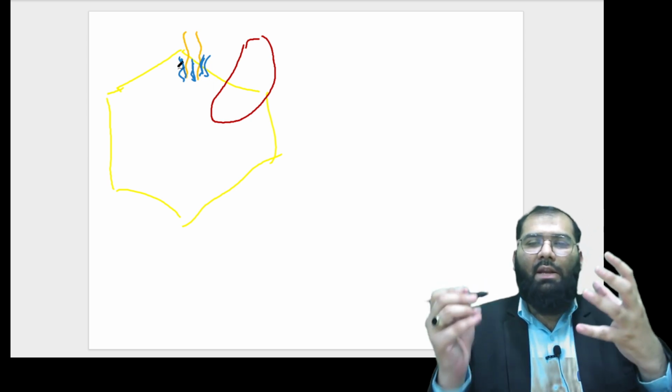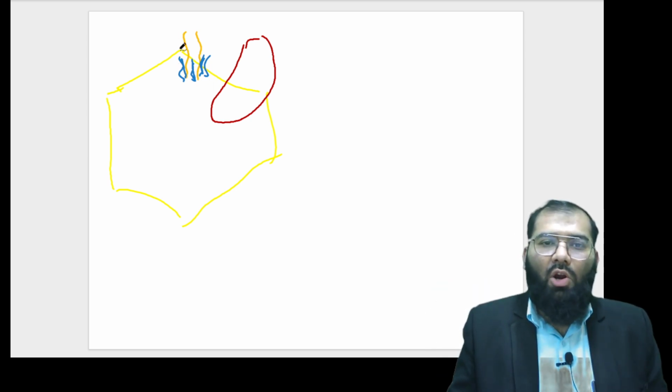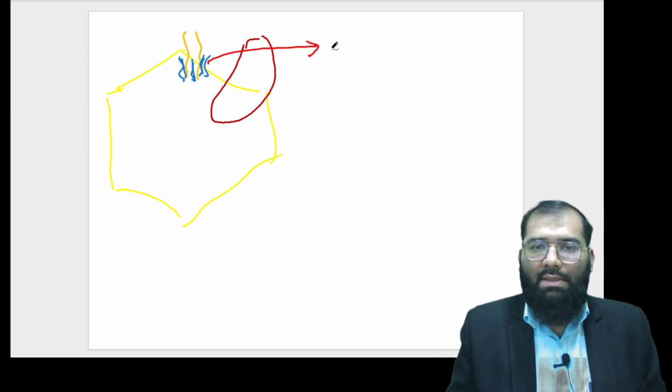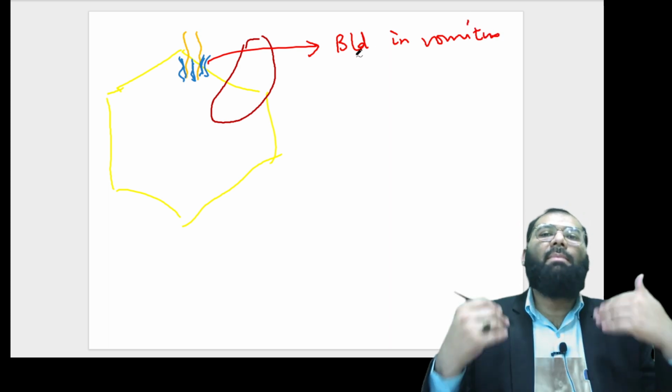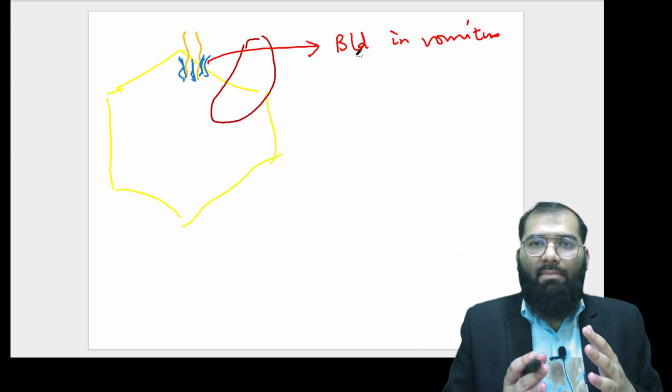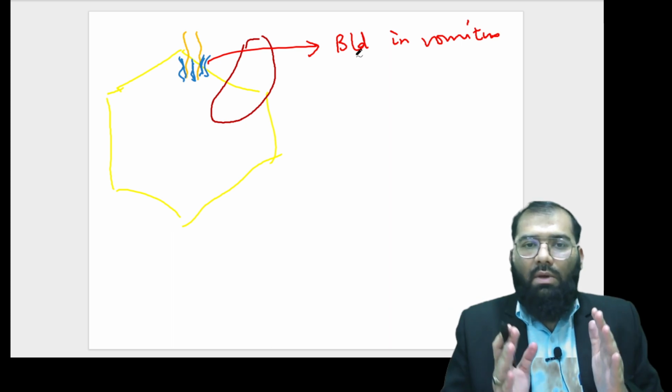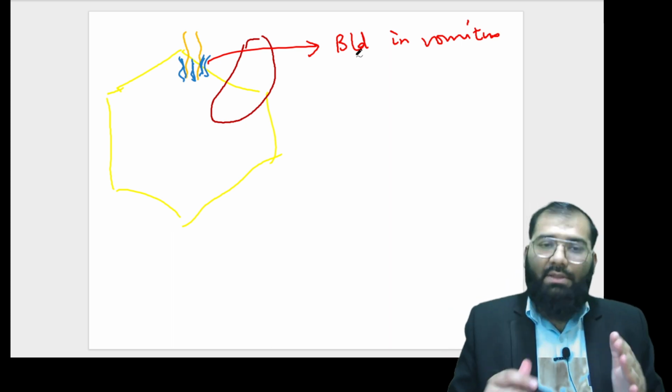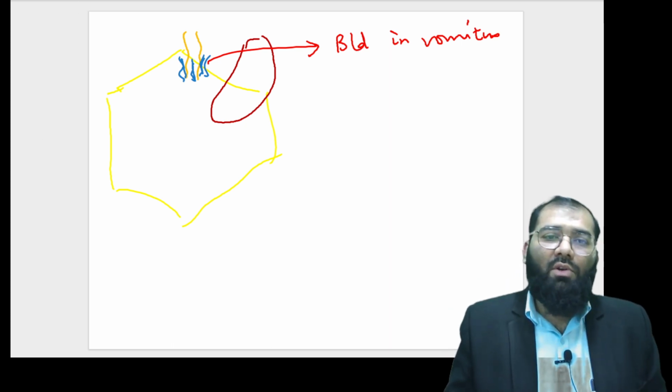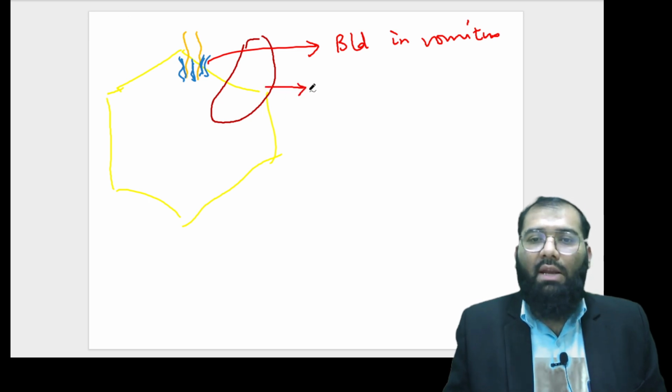Varices means dilated veins, and the patient is having lots of bleeding, blood in vomitus. So that is hematemesis. In this case, the next important thing you will look for is the spleen and signs of portal hypertension.